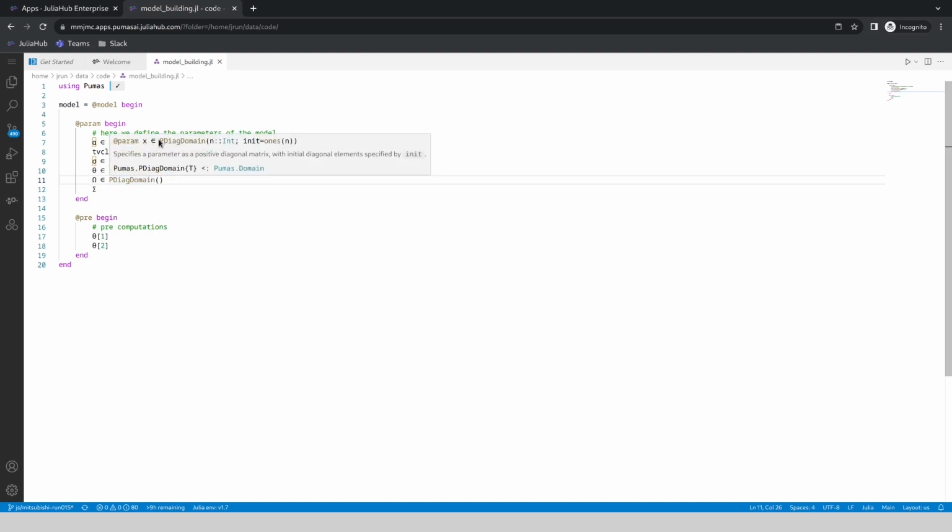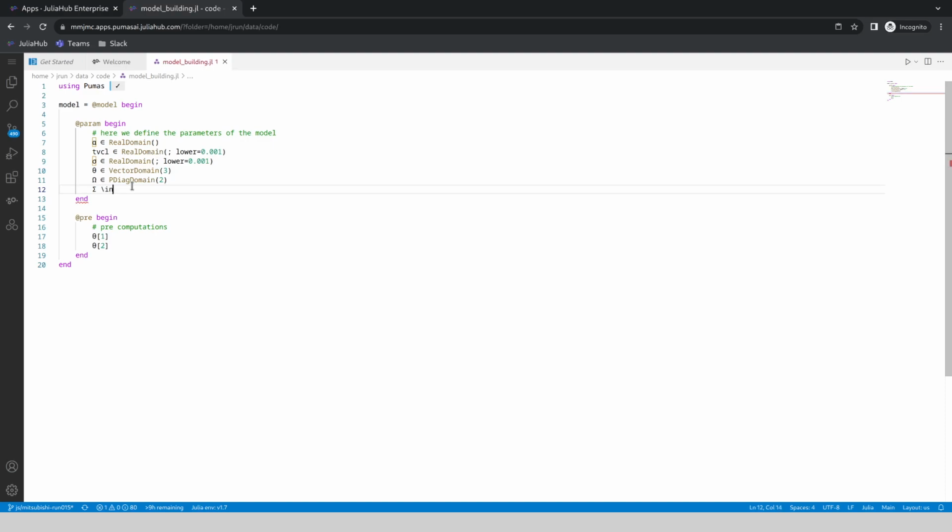And there is one required positional argument, which is the dimension of our square diagonal matrix. So if we say that it is a PDiagDomain 2, that specifies that our omegas is a 2x2 diagonal matrix.